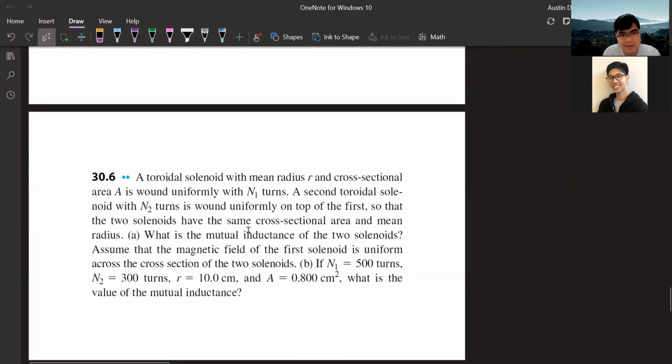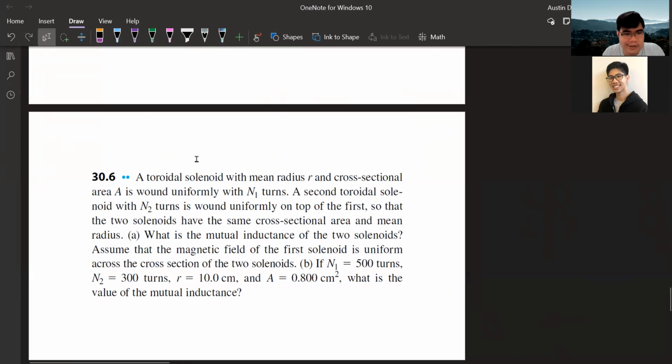Okay, a toroidal solenoid with mean radius R and cross-sectional area A. Merong N1 turns. Tapos meron tayong second toroidal solenoid with N2 turns na binalot doon sa unang toroidal solenoid or toroid.